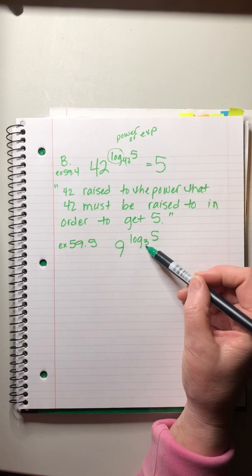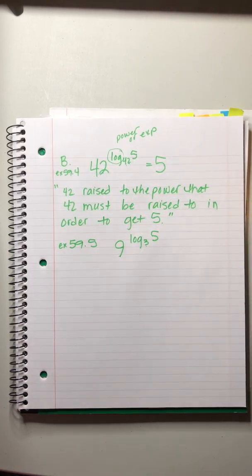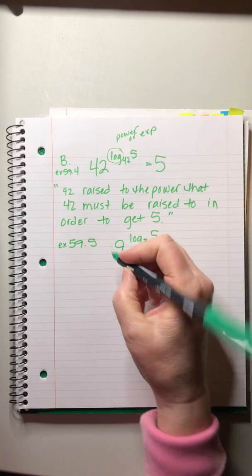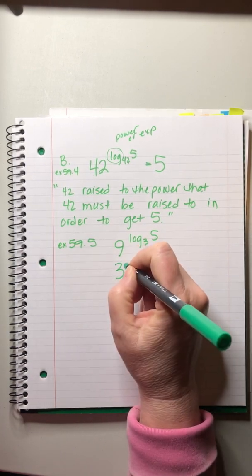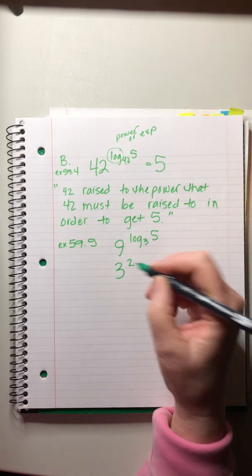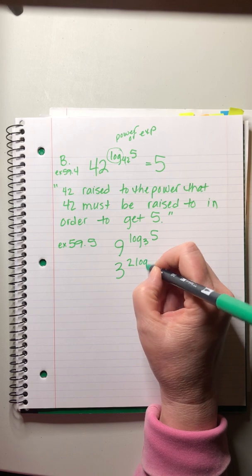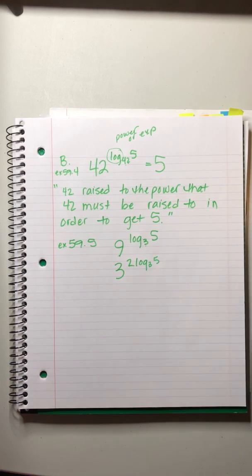That's confusing because this base doesn't match this base, and before they matched. But we see, oh wait a minute, 9 can be rewritten as 3 squared, right? 9 is 3 squared, and then we multiply that times the rest of that nonsense.